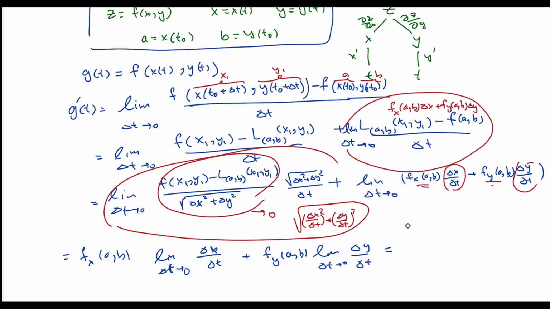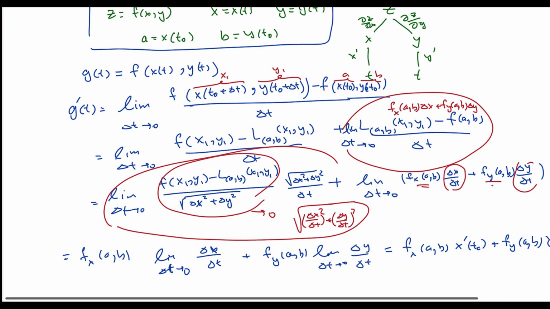And this is actually f sub x of a and b times x prime of t0, plus f sub y at a and b times y prime at t0. And that's the solution, that actually is the chain rule that we wanted to show.